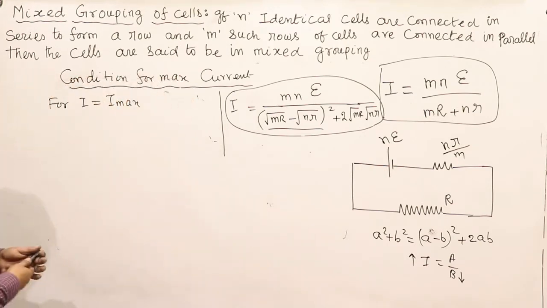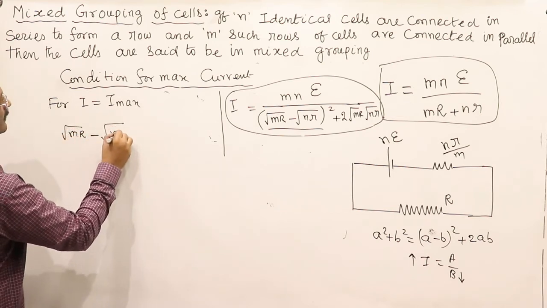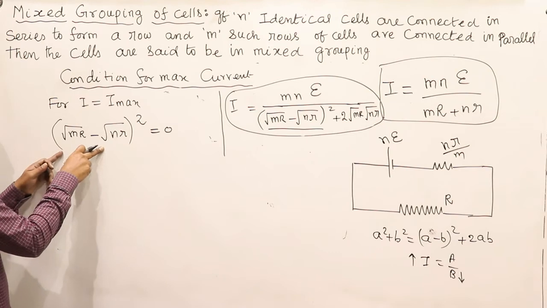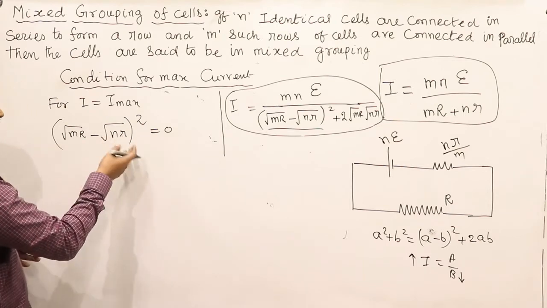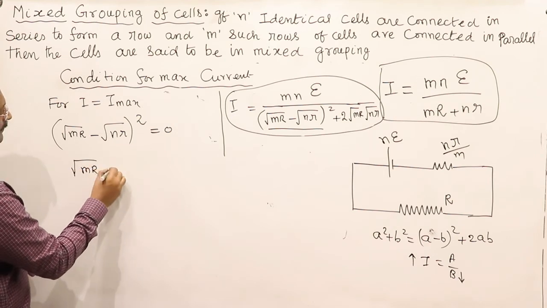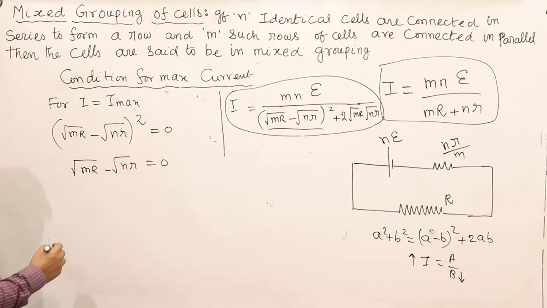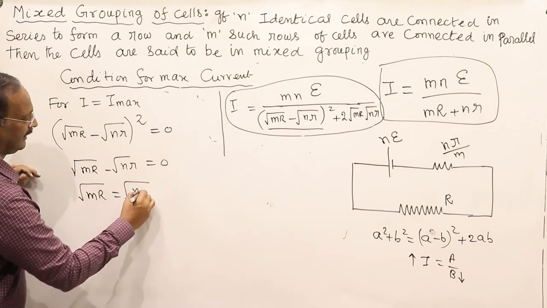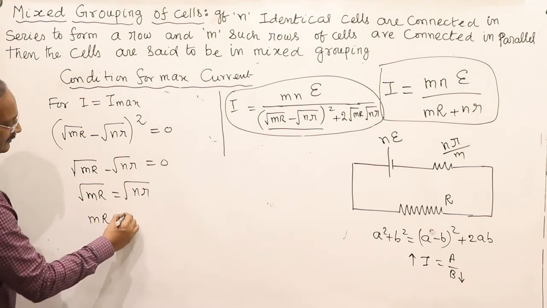So √(mr) − √(nr) = 0, or √(mr) = √(nr). Squaring both sides, this becomes mr = nr.